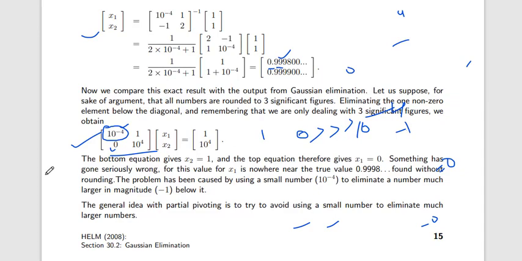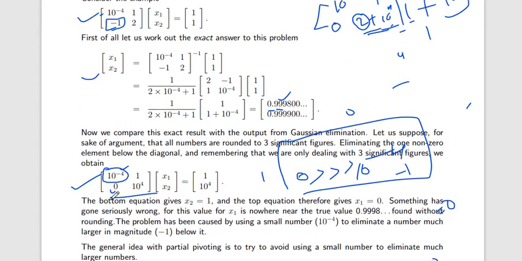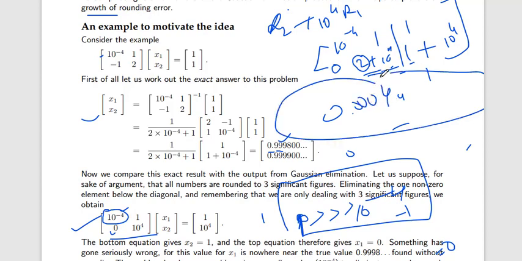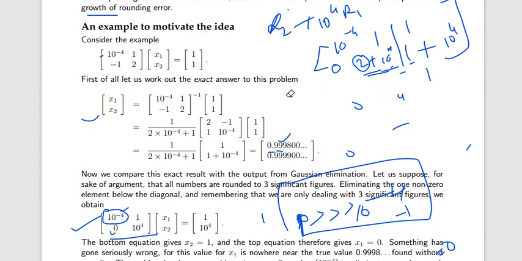So here we use partial pivoting in Gaussian elimination. Why? Because here, the original equation has minus 1. 1 is greater than 10 raised to minus 4. 10 raised to minus 4 means 0.0001. So 1 is much larger than this value.